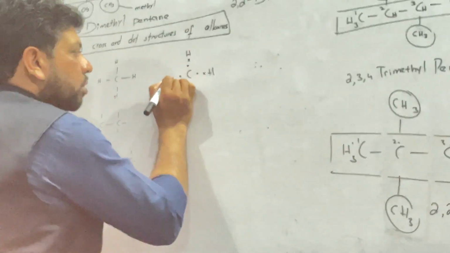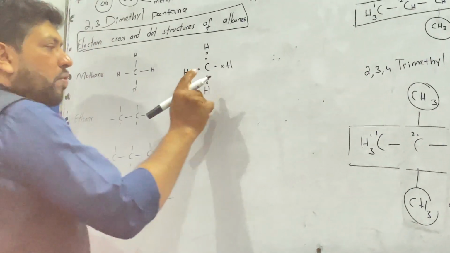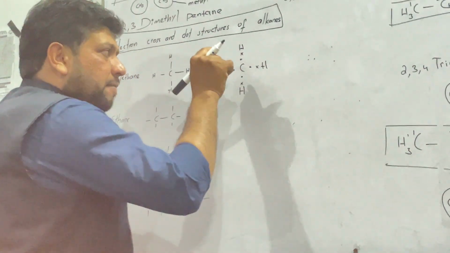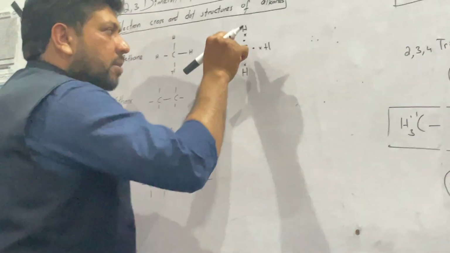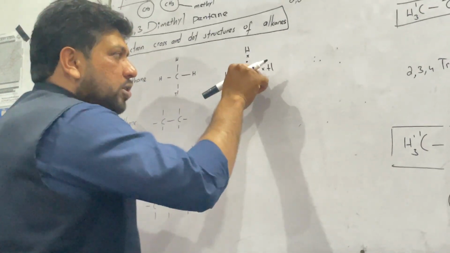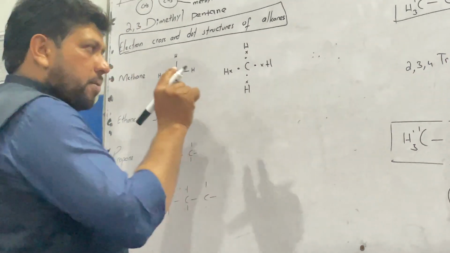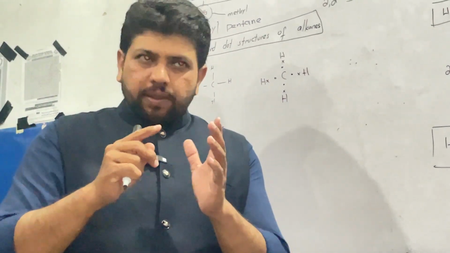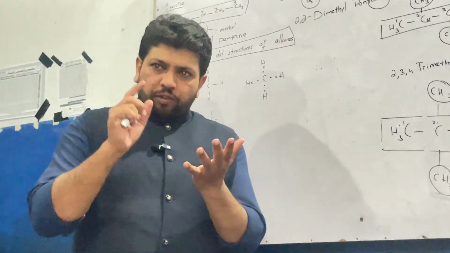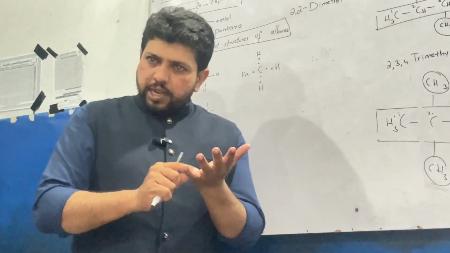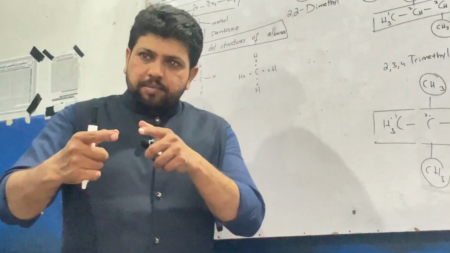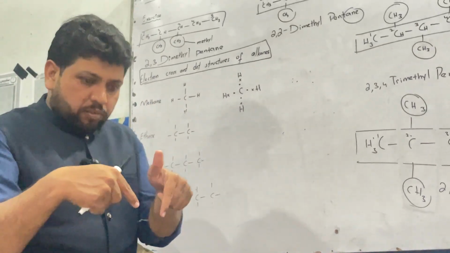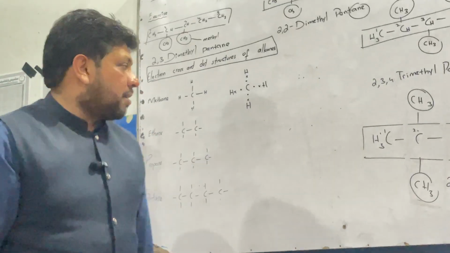You have to mention the valence electrons of hydrogen with crosses and the valence electrons of carbon with dots. It means the valence electrons of one element are mentioned by dots and those of the other element by crosses. That's why it is known as the dot and cross formula, also known as the Lewis formula.